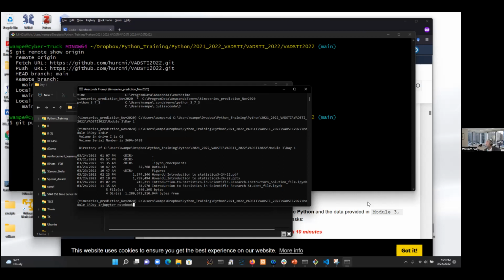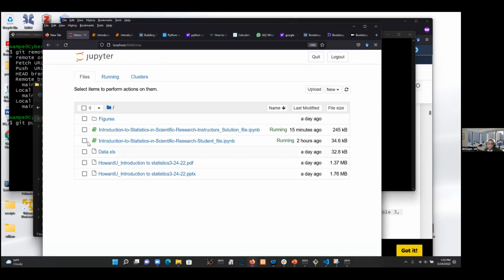Okay, now once you fire Jupyter notebook, it's going to bring you to this page that looks like this. Okay, so the reason why you do a CD is that in here it is going to be very difficult to go back, because the Jupyter notebook starts, the root is where you started, where you called Jupyter notebook.